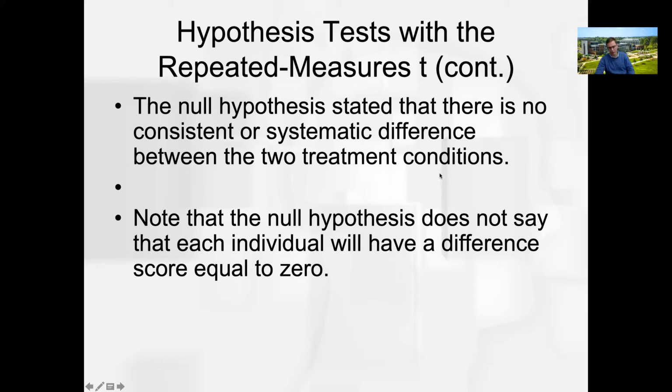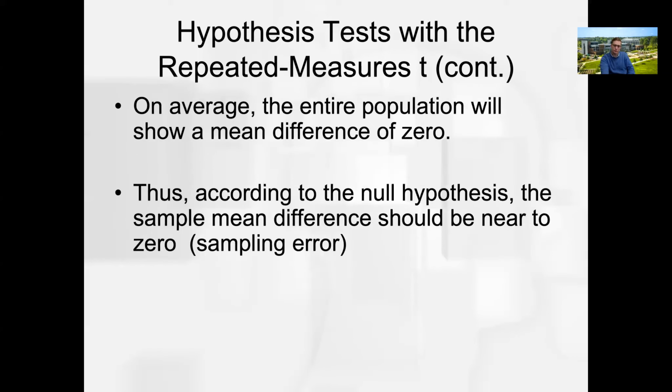It's saying that the average of those D scores will be 0, or at least close to 0. So on average, that entire population will show a mean difference of 0. Thus, according to the null hypothesis, the sample mean difference should be near 0, or any small variance would just be due to sampling error.